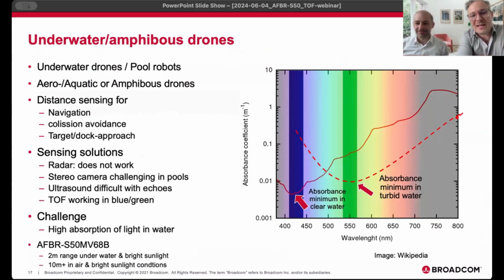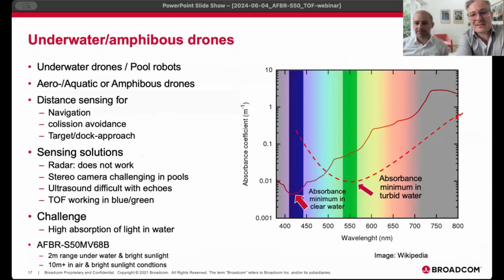What's the drawback for this kind of application? As you may know, most of our sensors use 850 nanometers. All other conventional types of time-of-flight or LiDAR devices usually use IR light for the distance detection.